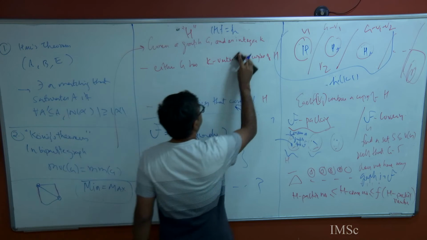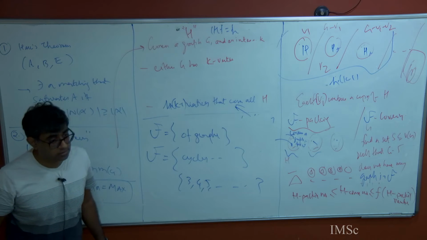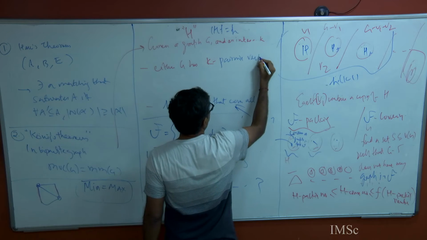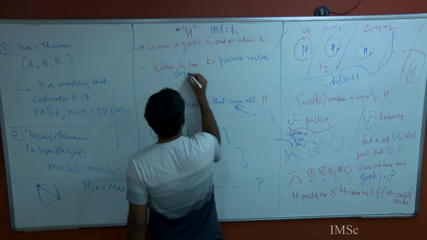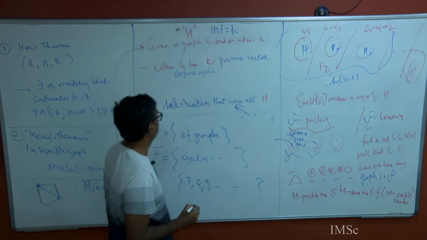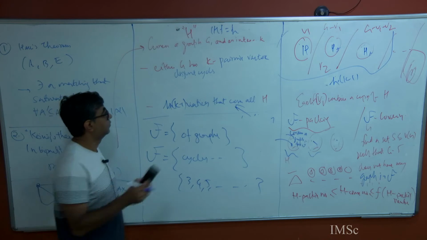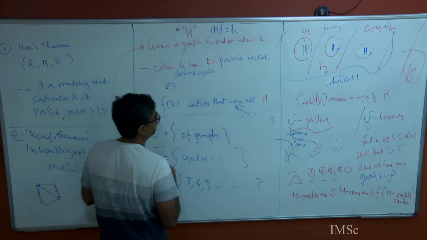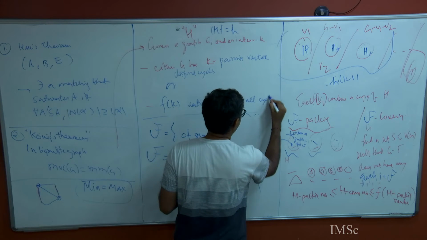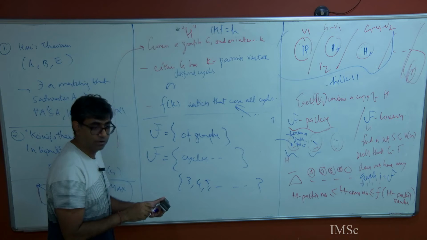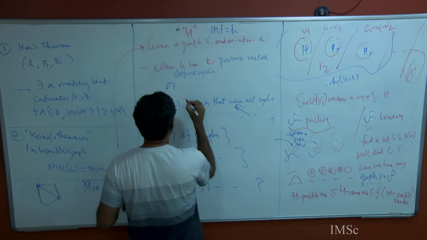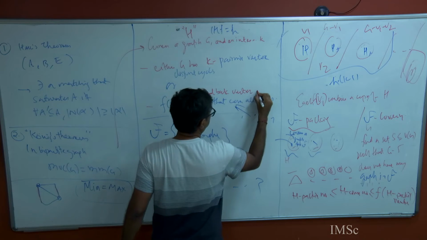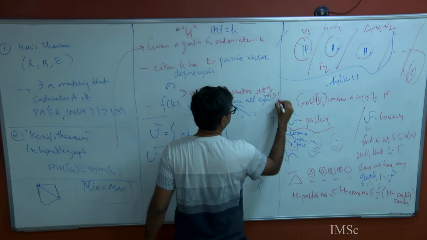Either G has k pairwise vertex disjoint cycles, or I want to prove that some f of k vertices cover all cycles, or in our language, there exists a feedback vertex set of size at most f of k.